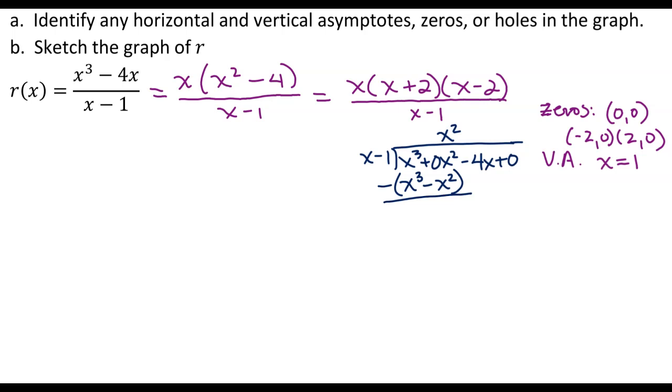X cubed minus x cubed drops out. If it doesn't, you've done something wrong. 0x squared plus an x squared, be very careful with this sign, is just an x squared. And then we need two terms to work with because the thing that we're dividing by has two terms, this one right here.